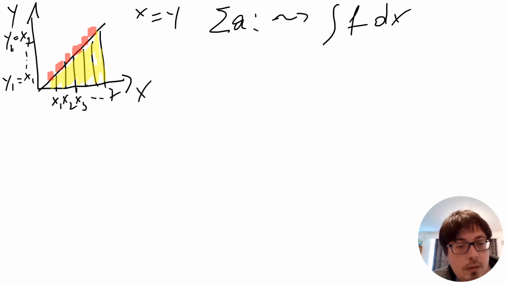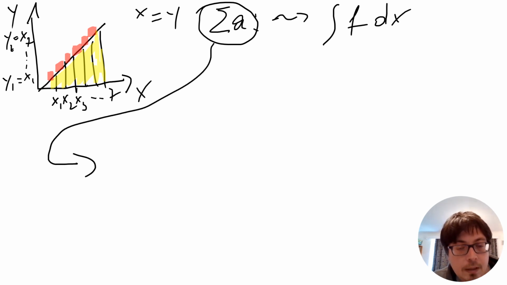Okay, so let's try to write this sum here, down there, with a little bit more structure. So first of all, we sum from I from 1 to 7. This is still the case.